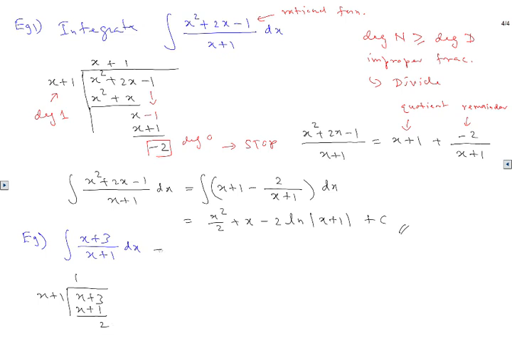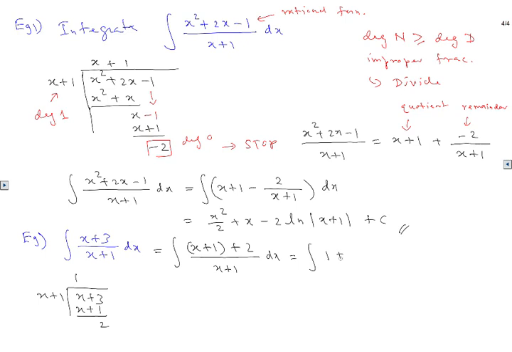But we can use some trick here, some algebra. We can create the denominator in the numerator. That means we can write the numerator like x plus 1 plus 2, divided by x plus 1. Now if we divide from the first one, you're going to get 1.